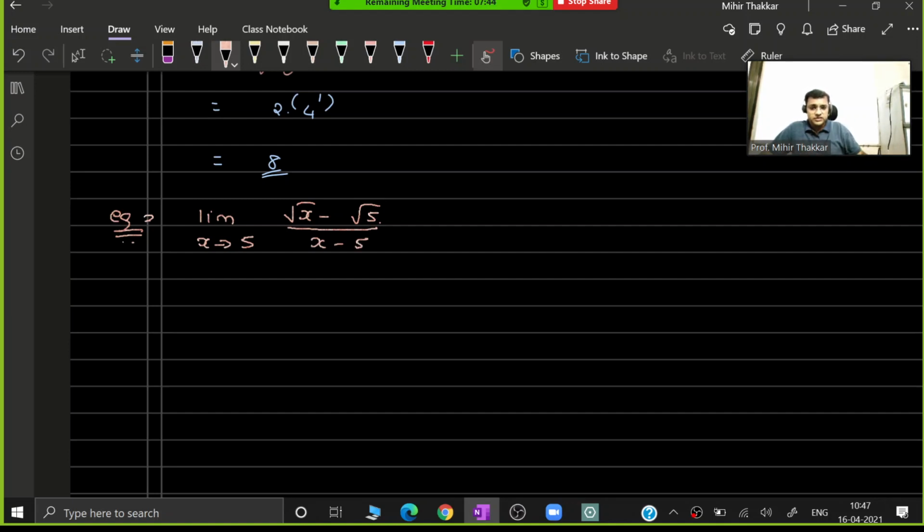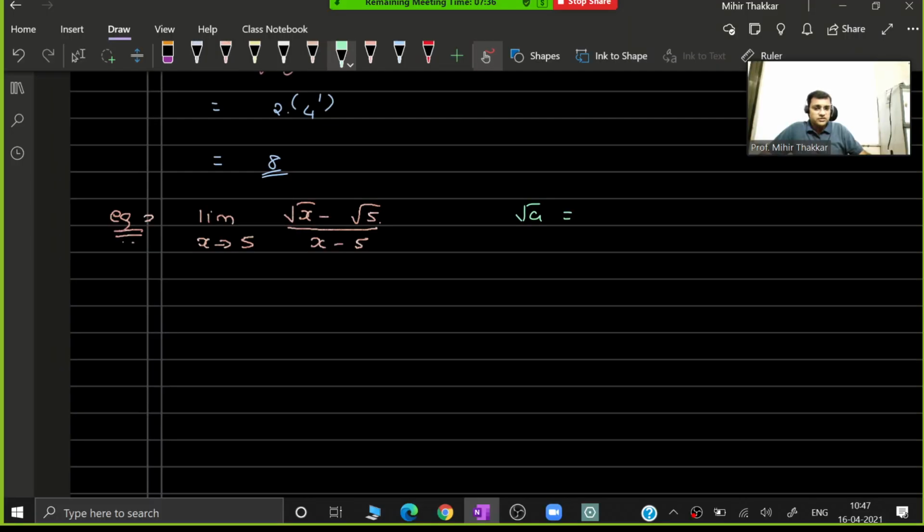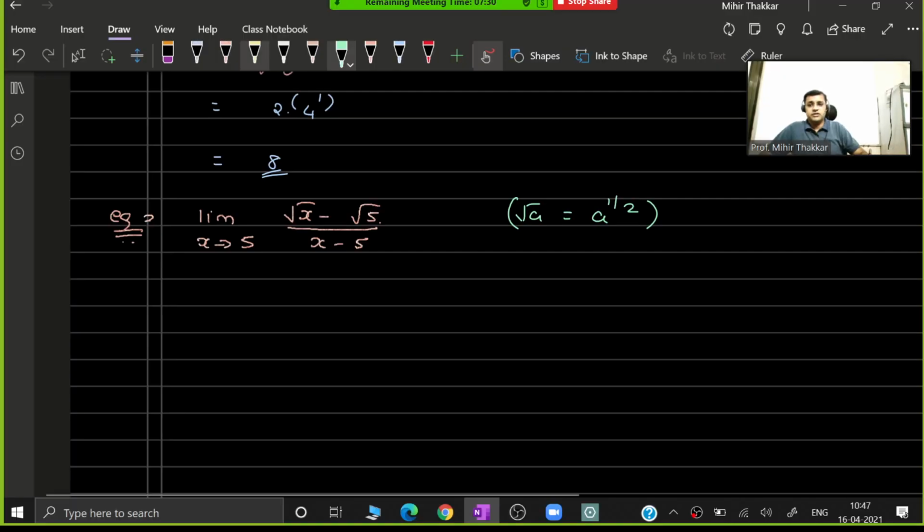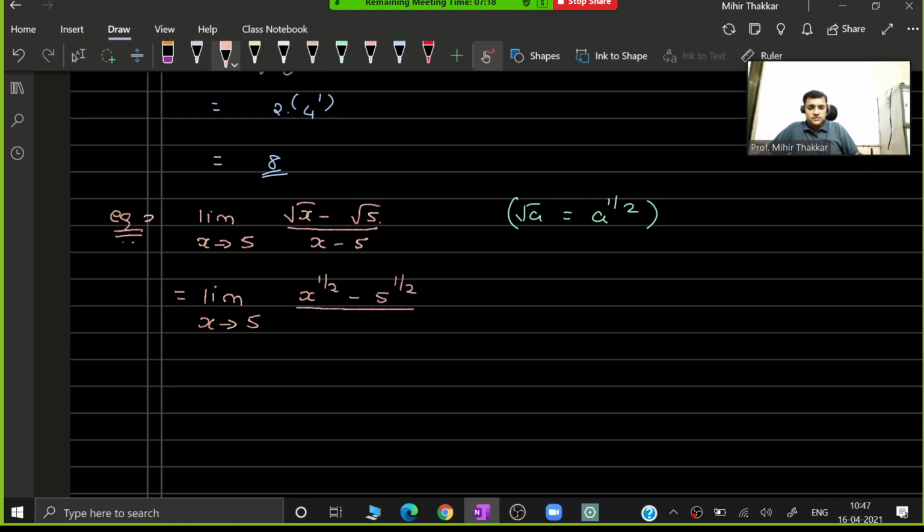We can convert this in the form of x raised to n by using the formula that under root of a in general can be written as a to the power 1 by 2. So if you write it like this, it will become limit as x tends to 5, (x raised to half minus 5 raised to half) divided by (x minus 5).